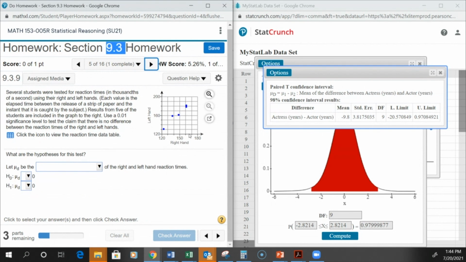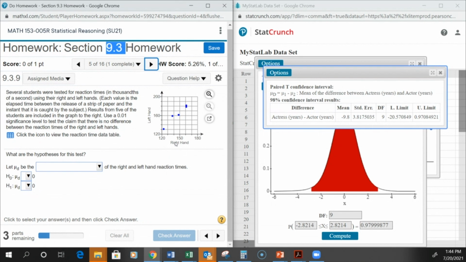This is an interesting one. People hold a strip of paper in their right hand and they let go of it, and anyway, they grab it again. It's released, and then they're supposed to grab it. I think people use this to test the effects of alcohol intoxication too. But here, nobody's drunk.